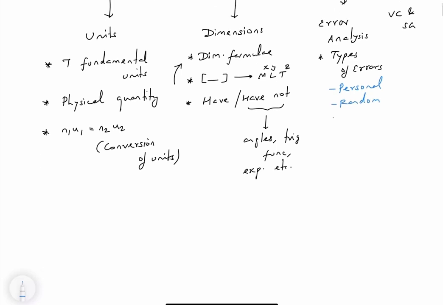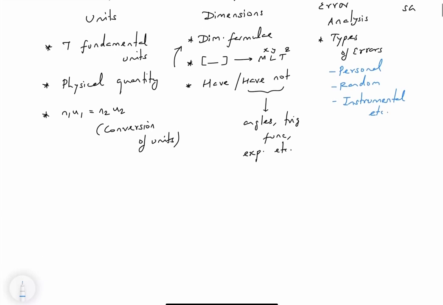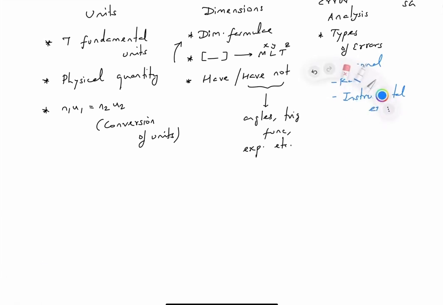Then we have various other types, not able to recollect, but maybe instrumental, and so forth. Well, if I remember, I'll definitely write it. We have types of errors plus correction.